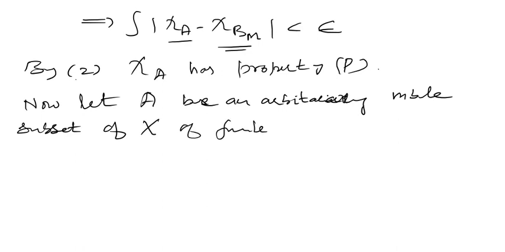Earlier you took a sigma set, which is always a measurable set of finite measure, because that was given. A sigma set of finite measure is measurable, so every sigma set is measurable. Now let's take A to be any arbitrary measurable subset of X of finite measure, and let epsilon be a positive number.